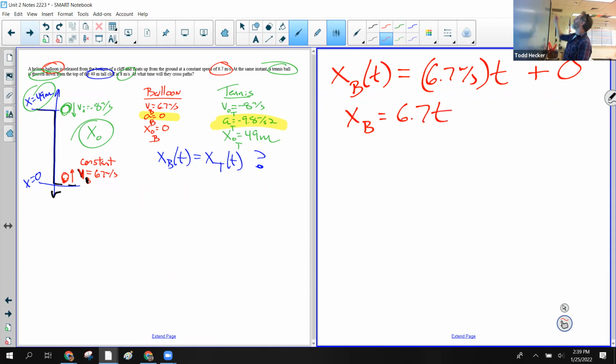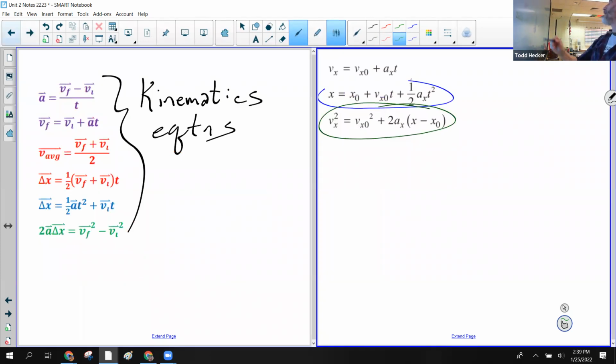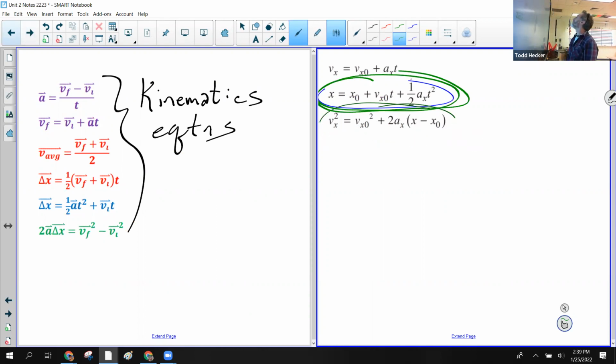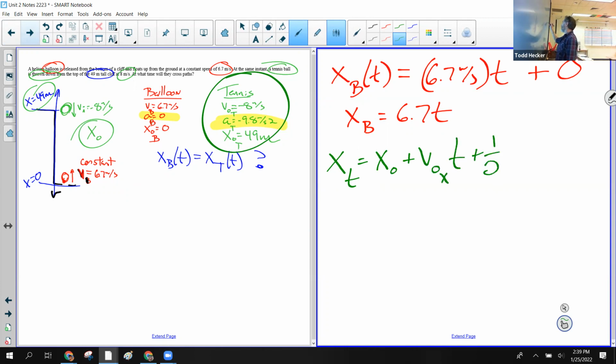All right. Now, meanwhile, the tennis ball has acceleration, right? And so we learned that the position of something that's accelerating is this guy. So that's the equation I'm going to use for the tennis ball: x naught plus v naught in the x direction times t plus 1/2 acceleration in the x direction times t squared.